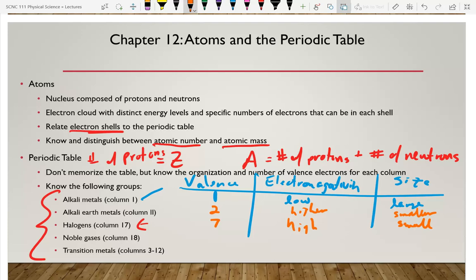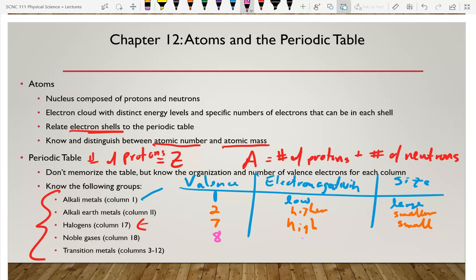The noble gases, what's the valence for a noble gas? 8. Does it want more electrons or does it want to give up electrons? Or neither. It just wants to stay. Did you say it's full? Yeah, it's full, so it just wants to stay.